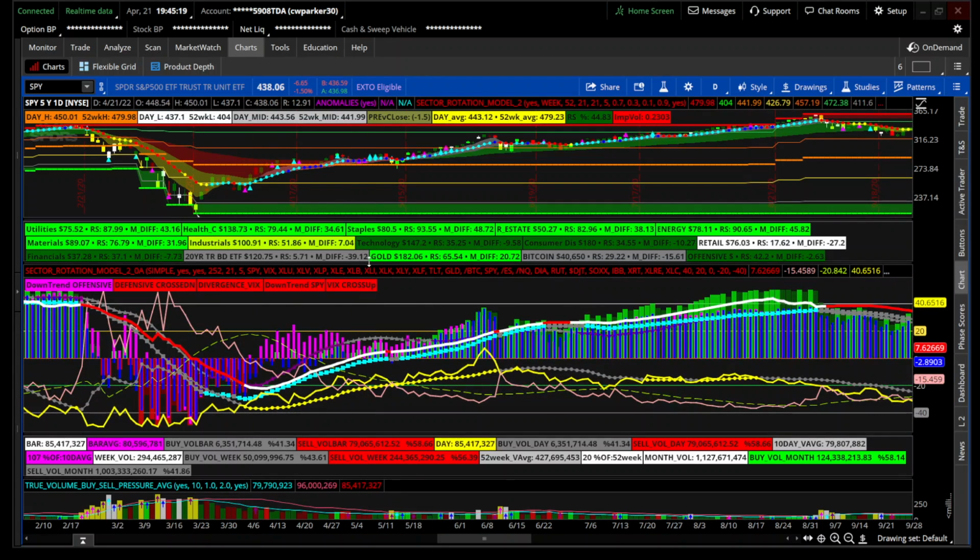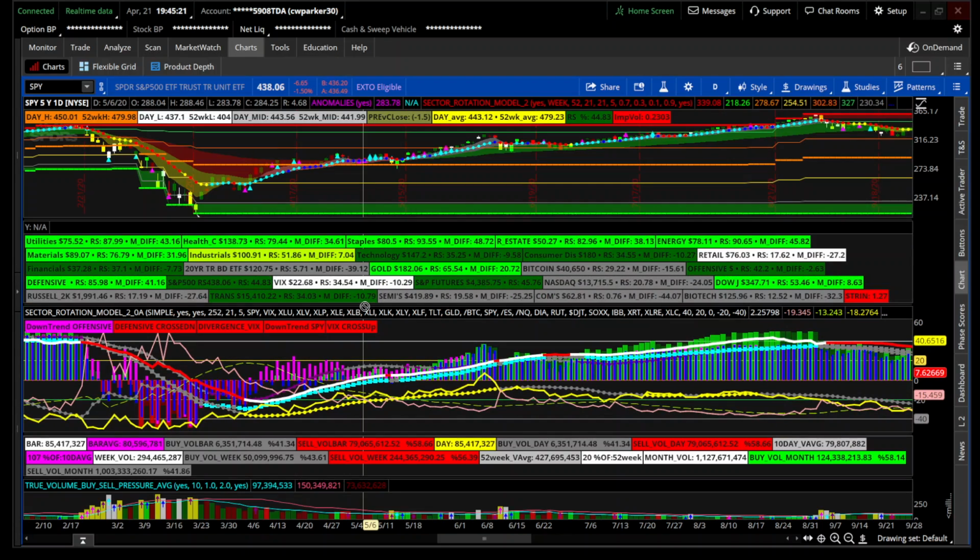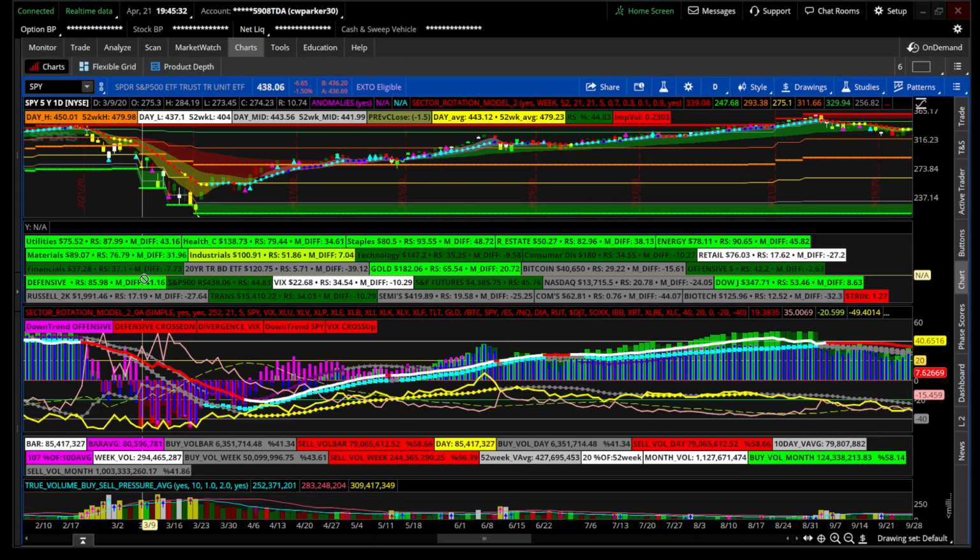What's in our offensive sector is materials, industrial, technology, consumer discretionary, retail, and financials. Those six make up the offensive sector.